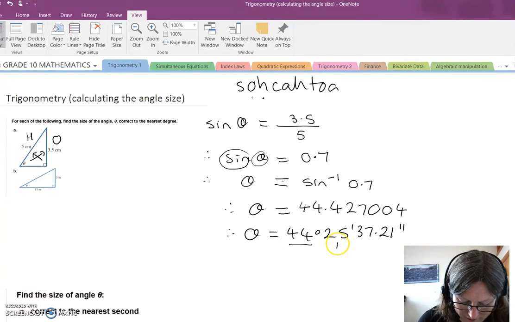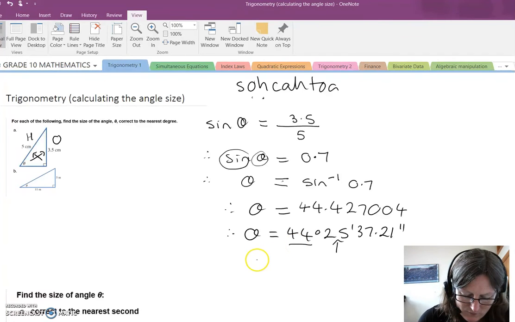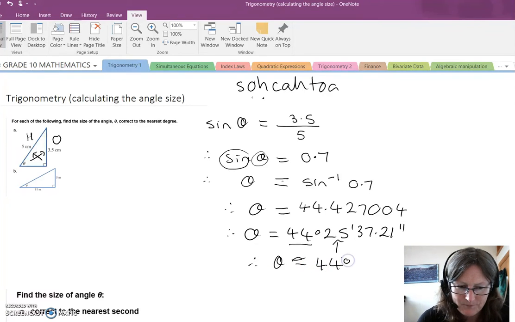Look at the thing after the degrees, which is the minutes. Now, 30 is your magic number here. 30 is your halfway mark, like 5 is when you're rounding off decimals. So if this is less than 30, the 44 degrees stays as 44 degrees. So theta is approximately equal to 44 degrees.